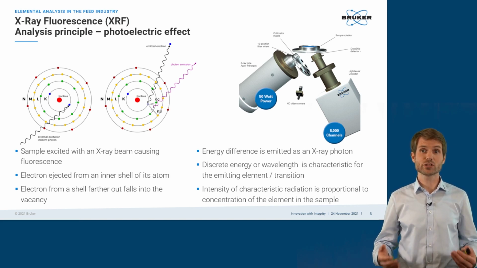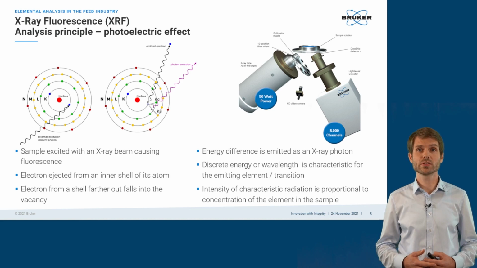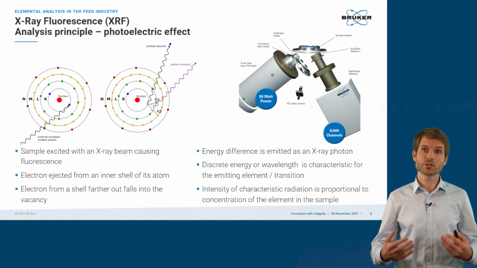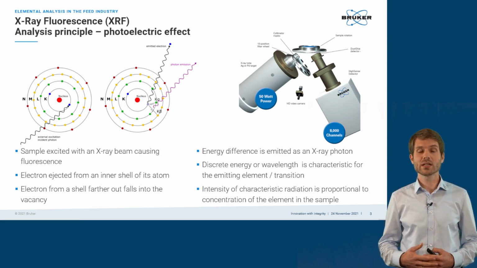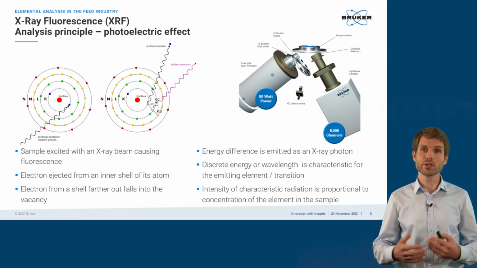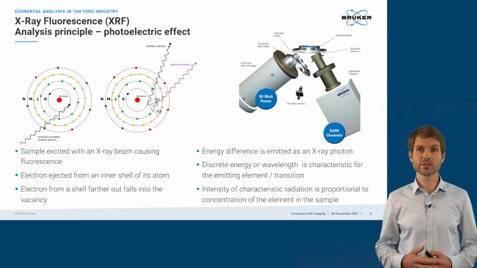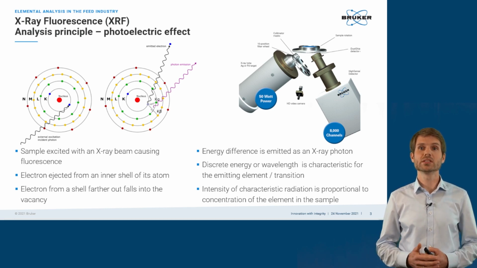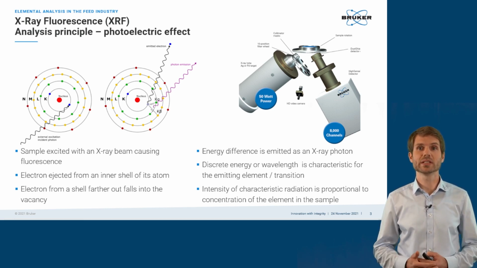This emits an X-ray photon, a fluorescence photon. This photon has a characteristic energy and a characteristic wavelength, and the number of photons emitted is proportional to the number of atoms in the sample.